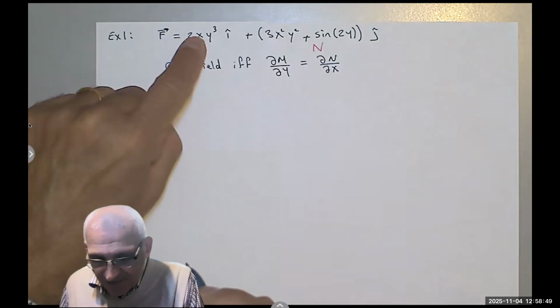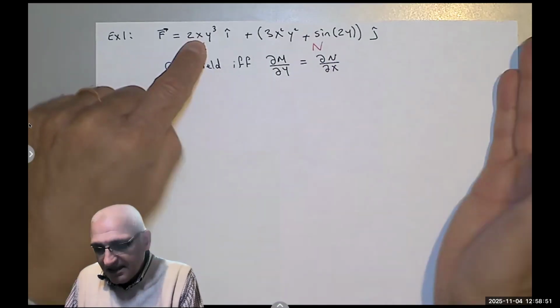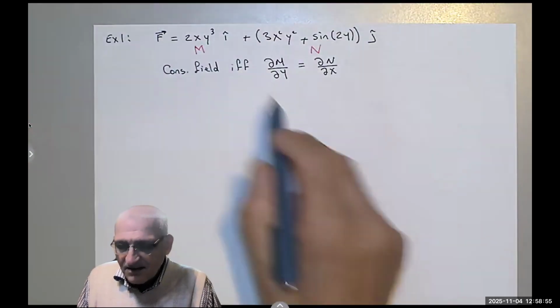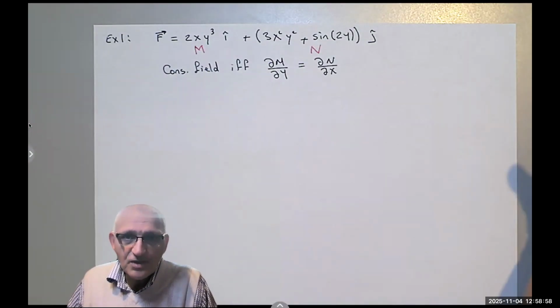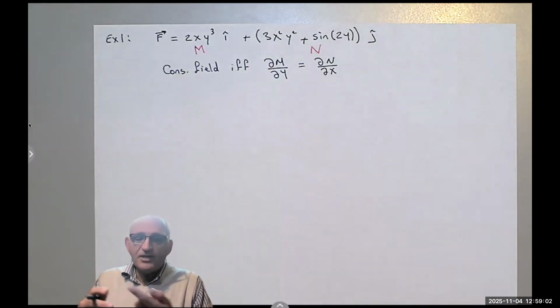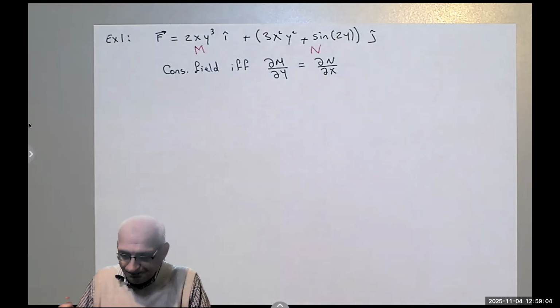So I take the derivative of M with respect to y and the derivative of N with respect to x. If they are equal, meaning their difference is zero, another way to say it, partial M by partial y minus partial N by partial x equals zero.